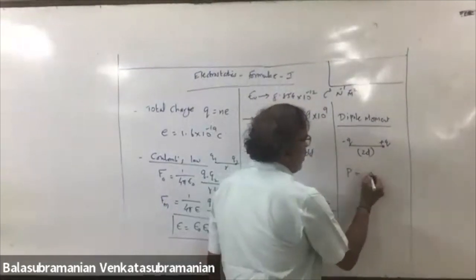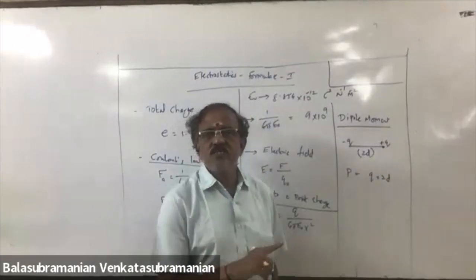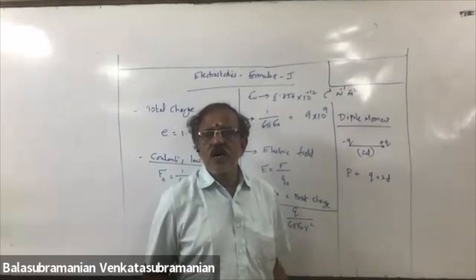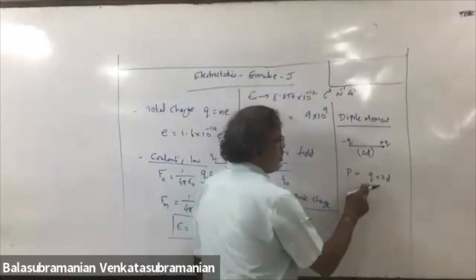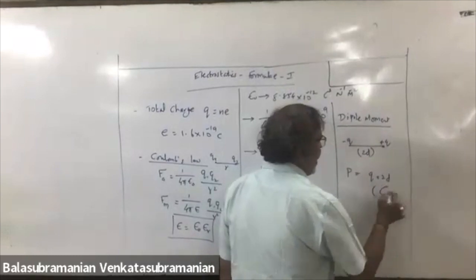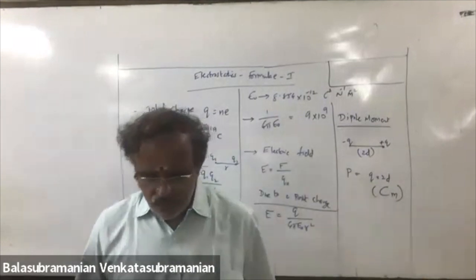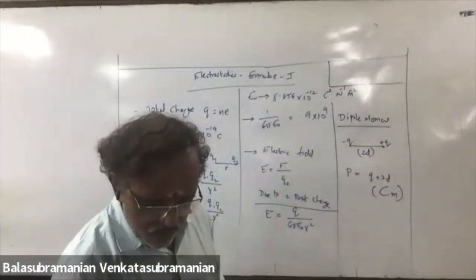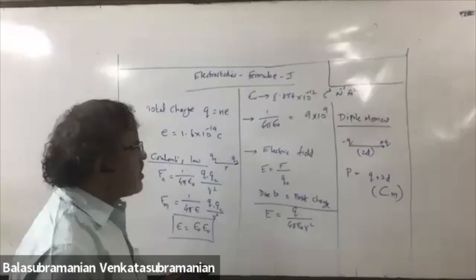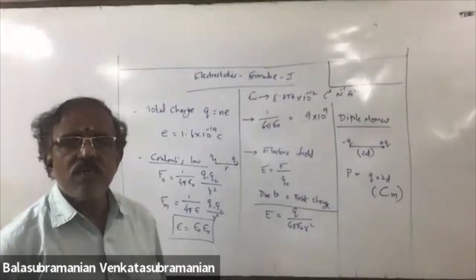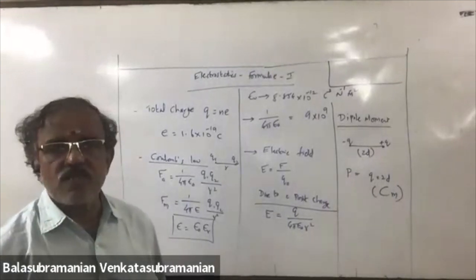Dipole moment is the product of the magnitude of any one of the charges and the distance between them, q into d. Unit wise, charge into distance, Coulomb meter, capital C, small m. So Coulomb meter is the basic unit for the dipole moment concept.